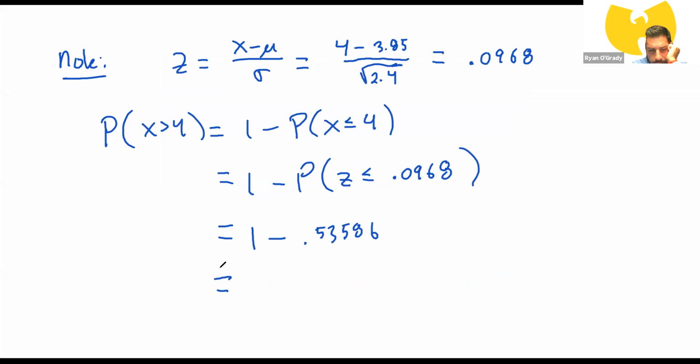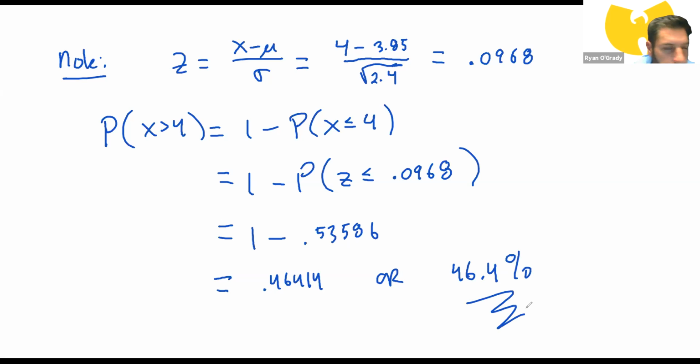And then if I do the arithmetic, I get 0.46414. That's if I didn't make any errors.